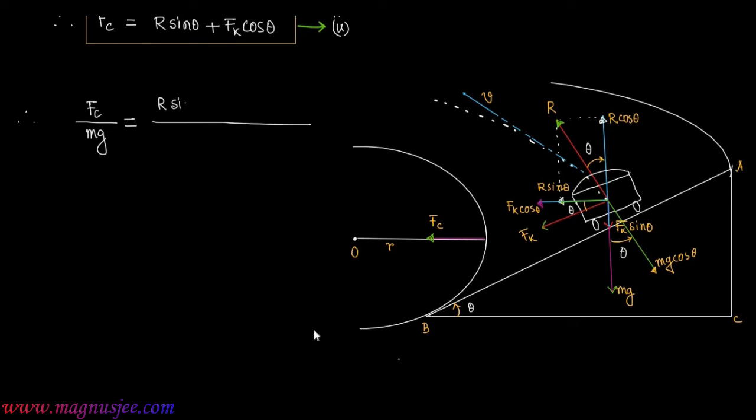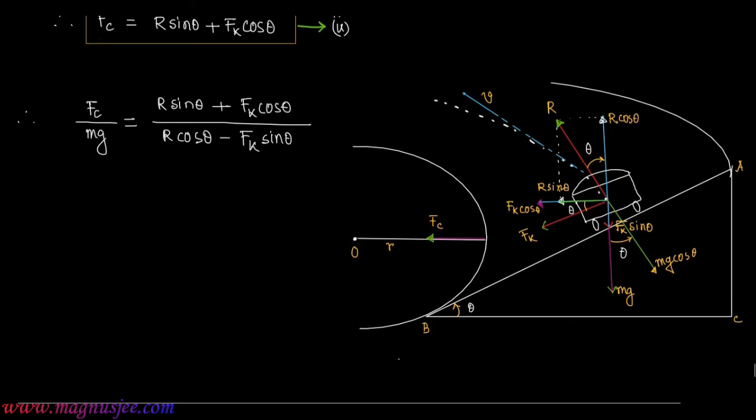Therefore, Fc divided by mg is equal to R sin theta plus Fk cos theta divided by R cos theta minus Fk sin theta.